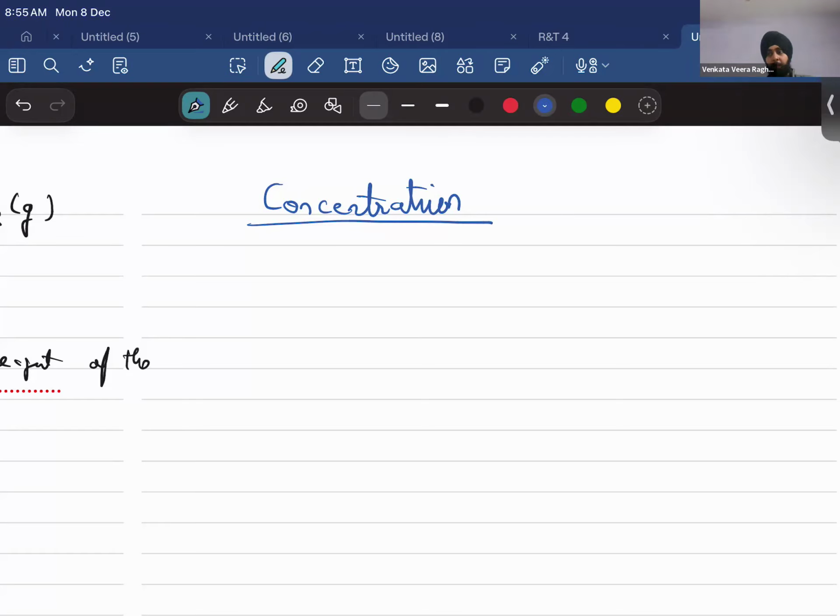So let me say I have purchased a Coke can or a Thums Up can. If I take Thums Up from this end or from this end, will the taste remain the same? From any place you take it from the can, will the taste be exactly the same?